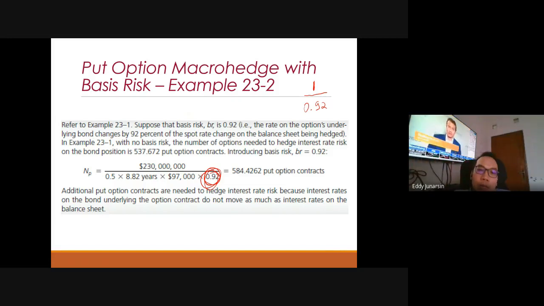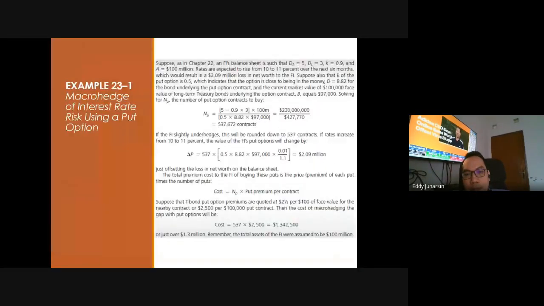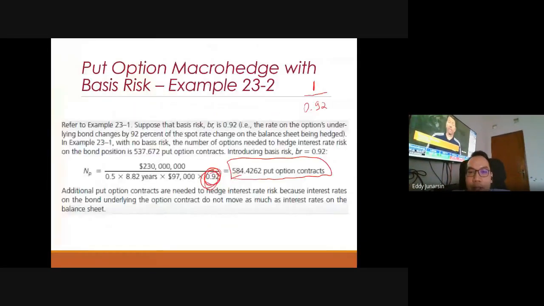Okay, so now we find out that the long put position that you have to take increases to 584 from, what's that again, 537. Now you have to take more long put contracts because of the basis risk, right?